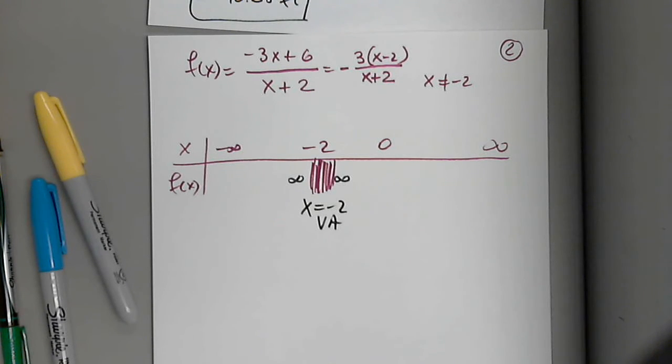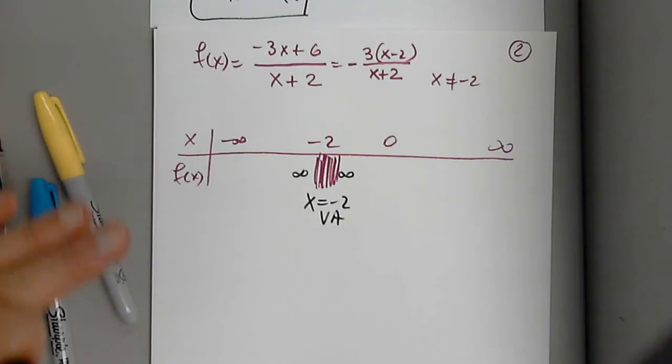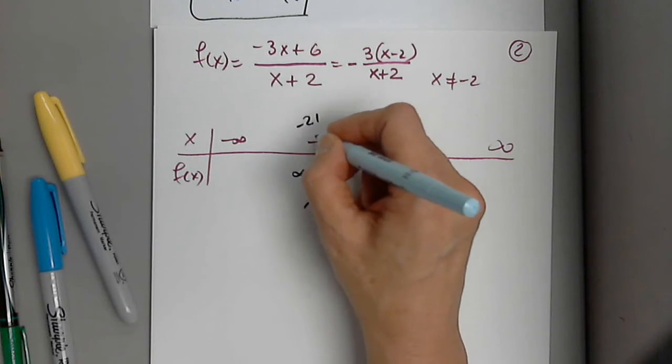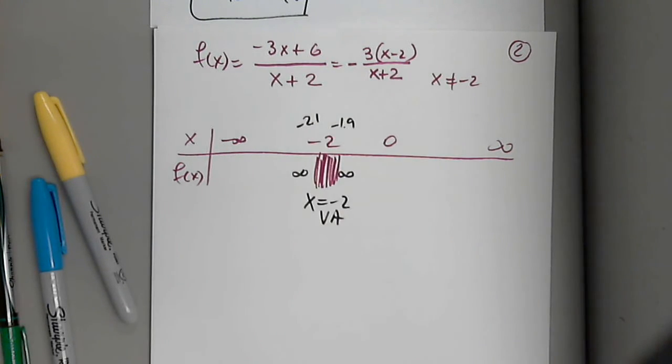Awesome. In order to find the sign, I cannot use -2 because it will be undefined. I have to use two numbers that are close to -2. One on the left, which is -2.1, and one on the right, which is -1.9. They are not points that will be plotted anywhere. I'm just checking with them. -2.1 on this side and -1.9 on this side.